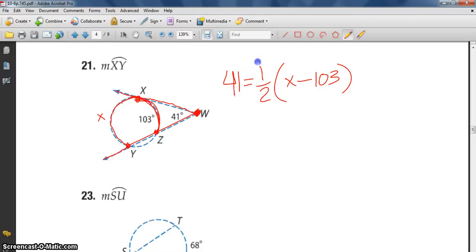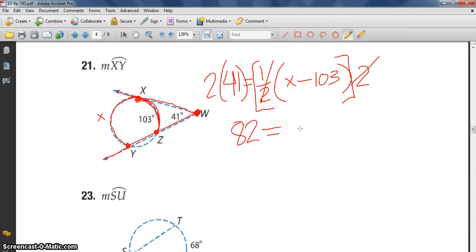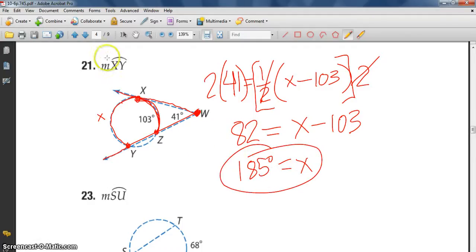So multiply both sides of the equation by 2. That will clear out your 1/2. So we get 82 on the other side is equal to x minus 103. Add 103 to both sides, and x is equal to 185, which is actually the measure of arc xy.